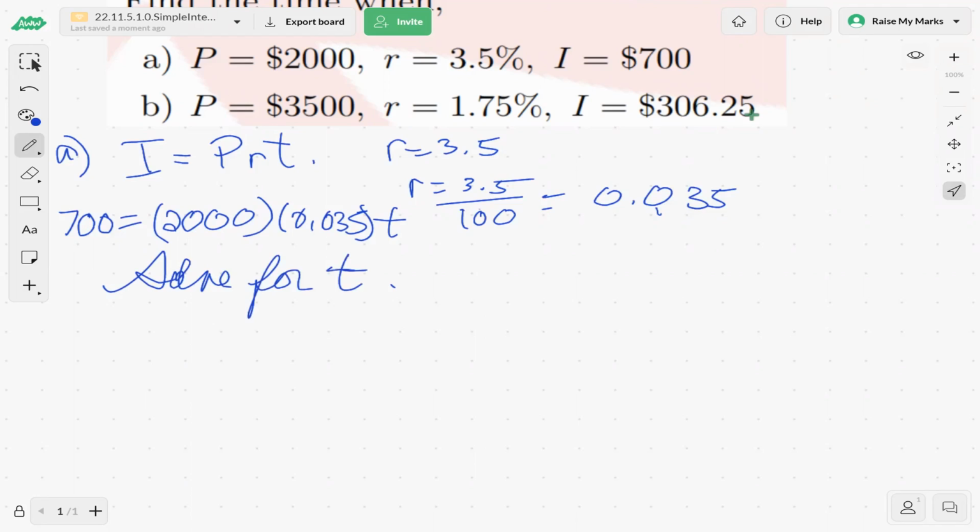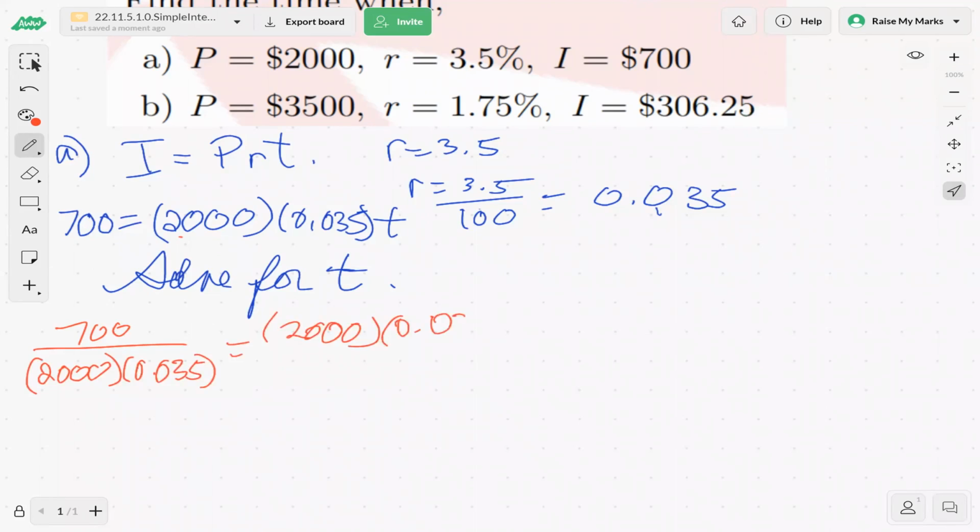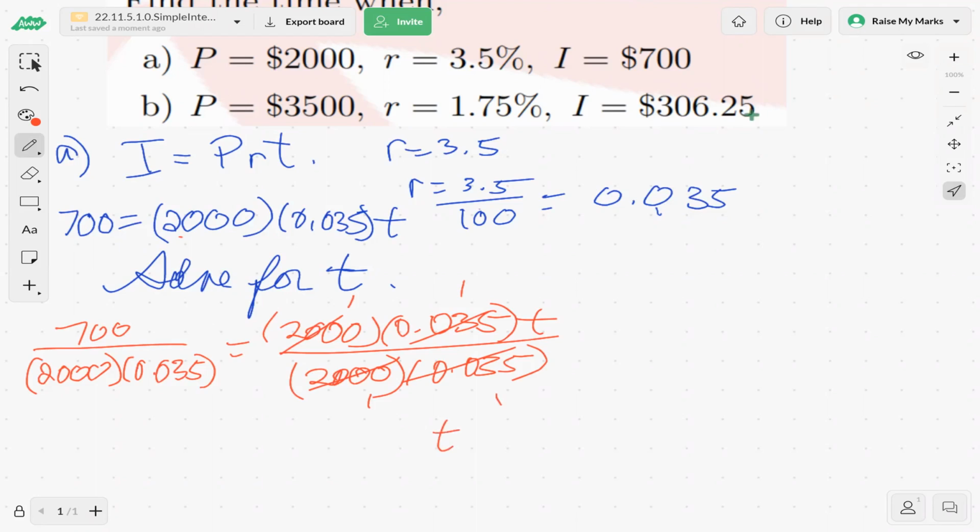I'm going to divide both sides by 2,000 times 0.035. It takes a while to write things out. On the right-hand side, what are we left with? We're left with t.